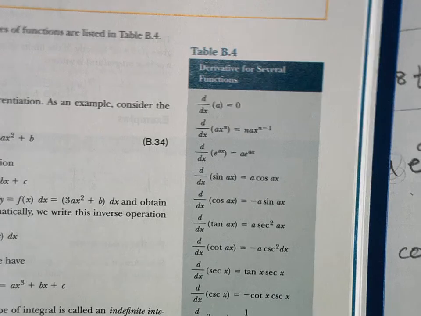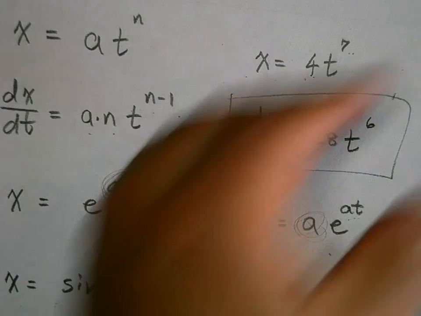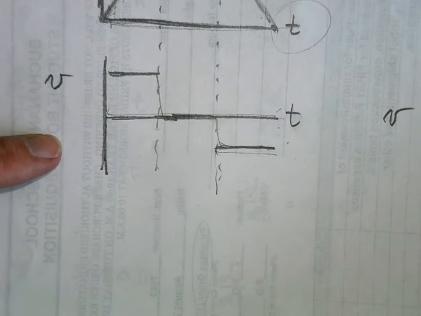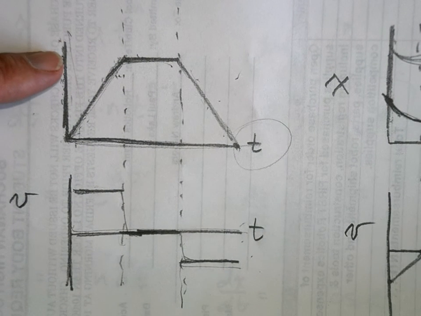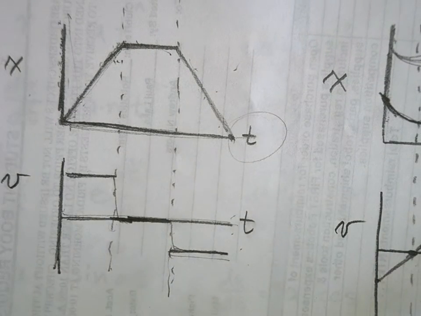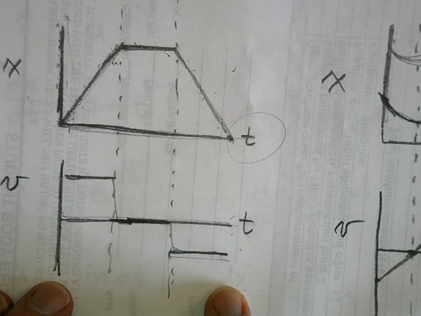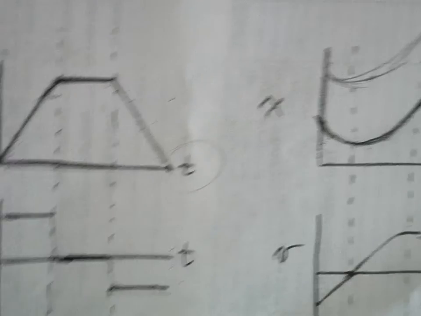But it all comes down to this: the derivative is a function that describes the slope of another function. So just remember that, and then we're just going to use some mathematical tricks to figure out what this function is analytically.